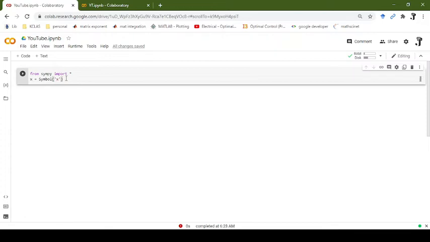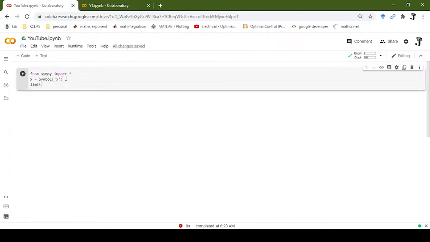and I am going to find the limit. So limit, and I am going to solve our first problem. Our first problem has a denominator. In the denominator there is a term x plus 2.